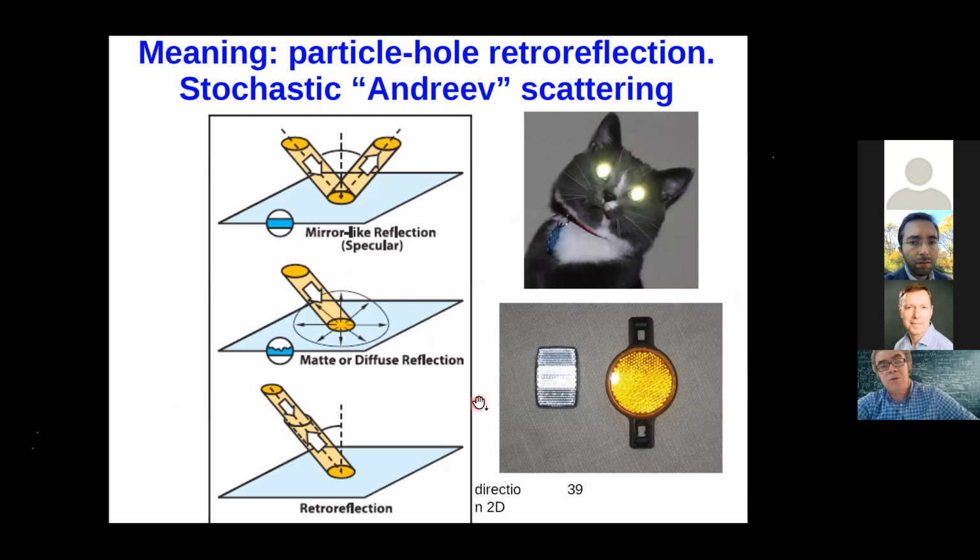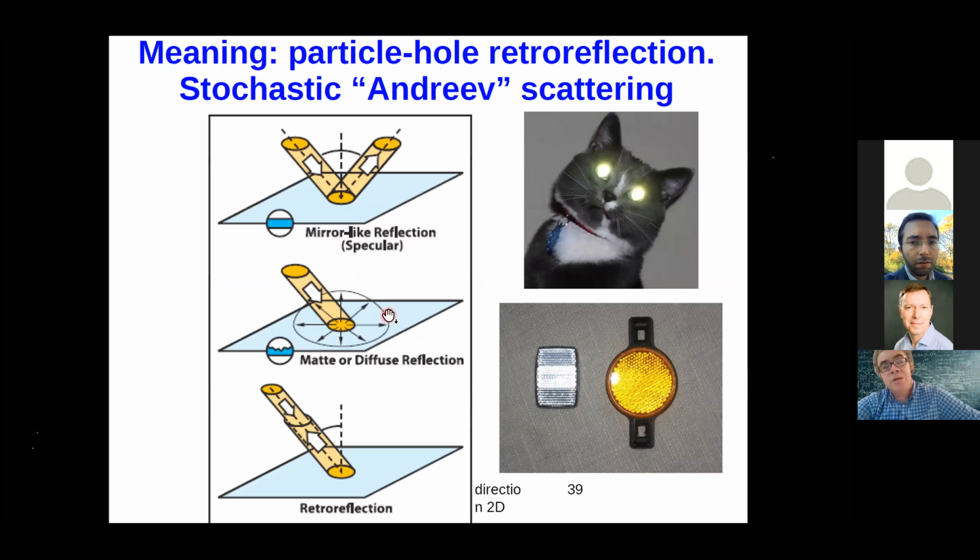So if someone thinks that Andreev scattering is a quantum mechanical thing, it's not true. It arises in many classical systems, and the famous red-eye phenomenon in photography is of that kind, and also the back reflection, retroreflection in various protective clothing that we're using, etc. It's also that kind.